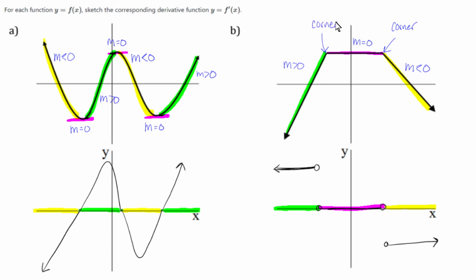And the derivative at corners like this is undefined, which means that there will be no slope. That's why we're not including those points right here. So this would be corresponding to the left corner, and over here this corresponds to the right corner over here.